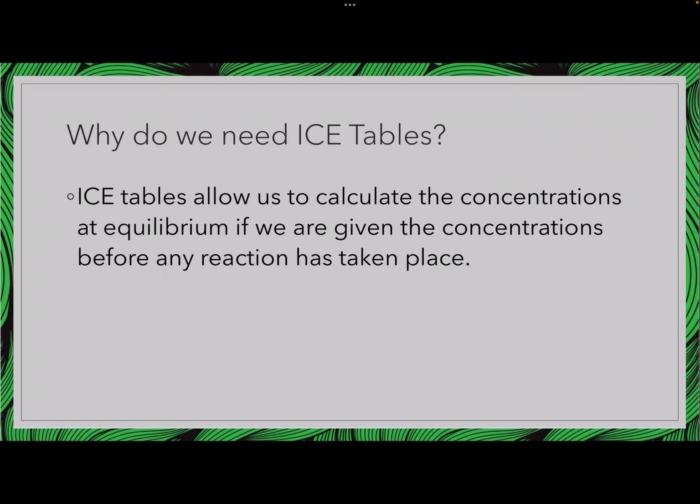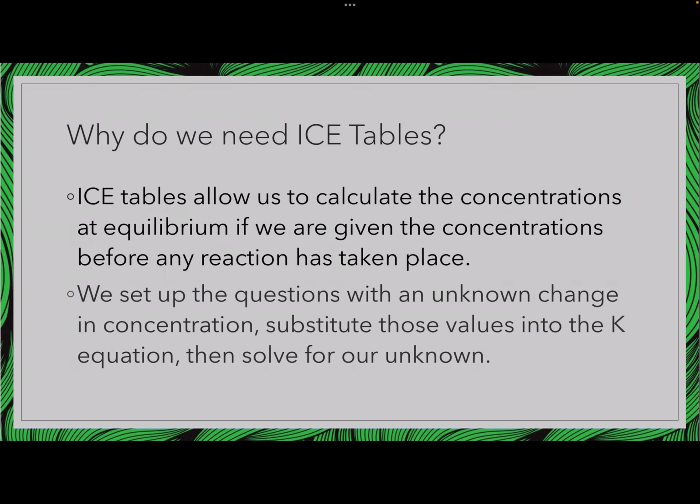Now, we set up the questions with an unknown change in concentration, because we're trying to find out the final concentrations of the reactants and products. We then use that value to solve for x, to solve for our unknown. Now, we'll do a few examples just so you make sure you know exactly what you're doing, but there's also some things along the way that I need to point out, but I'll do that in time.